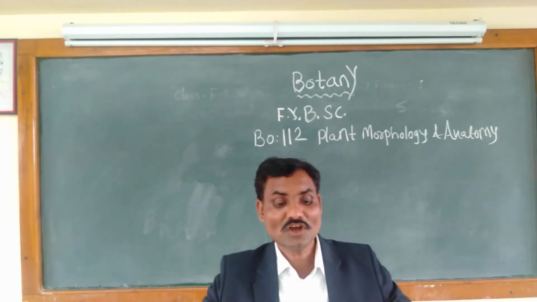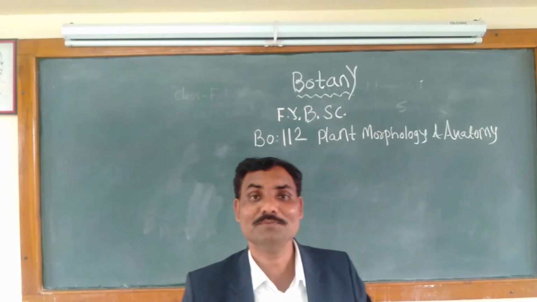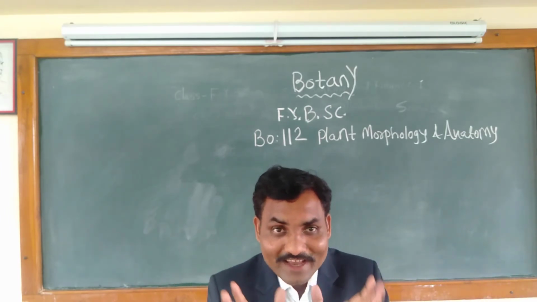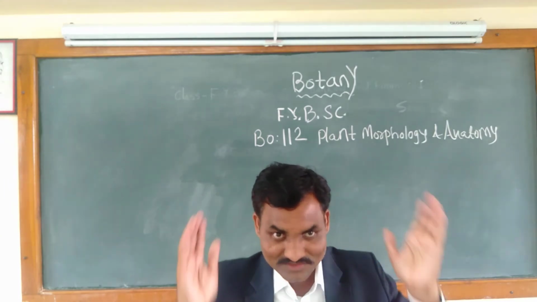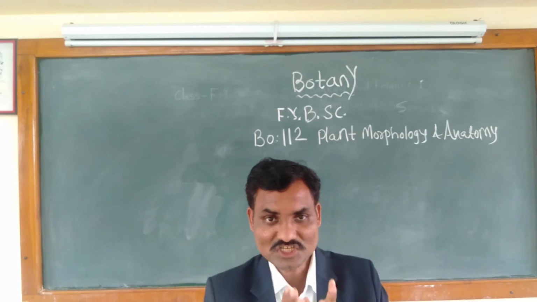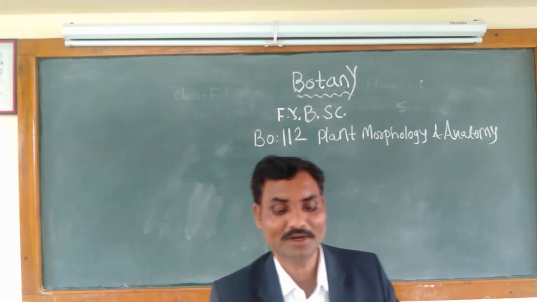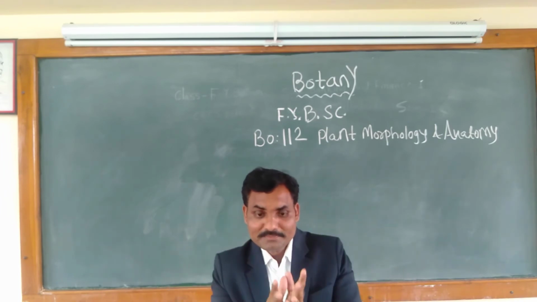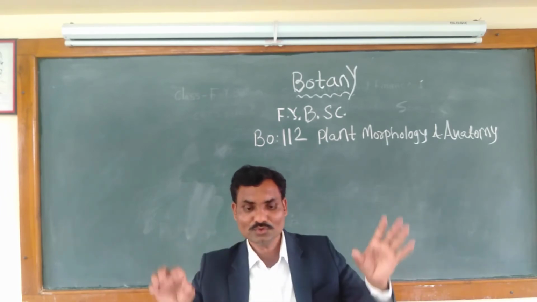Then what is the insertion of floral parts? The arrangement of those floral parts on thalamus. This is a basal part, thalamus. And the insertion of those floral parts on that thalamus is also included in our syllabus. Then on the basis of that arrangement, the flowers are again divided into different types.